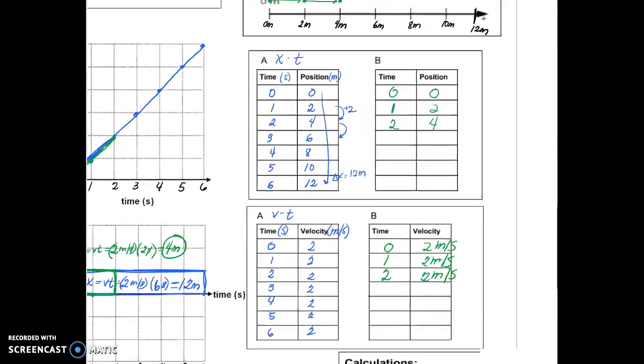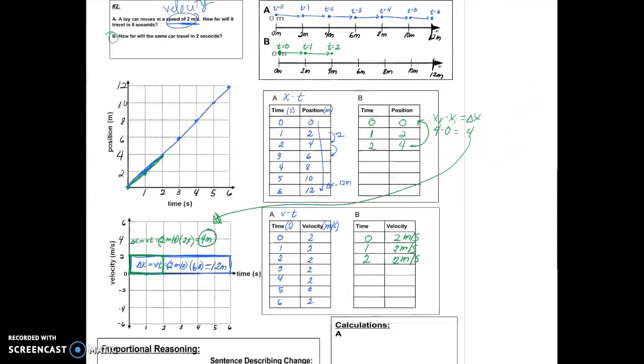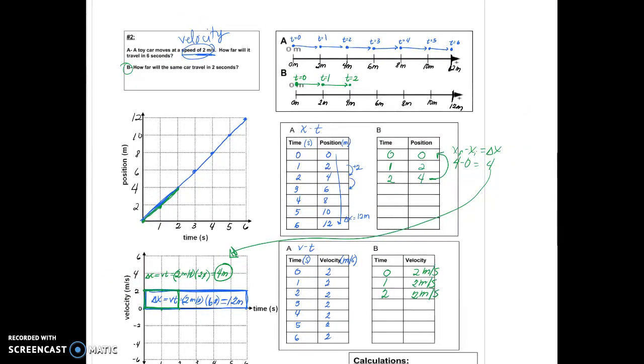We can double check our answer. The displacement from here to here, 4 minus 0, so that's your final position minus your initial position, will give us our delta x, which is 4, which is the same thing here. So we did that right. And so again, I will be showing proportional reasoning later.